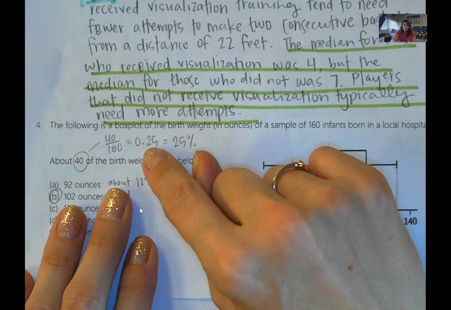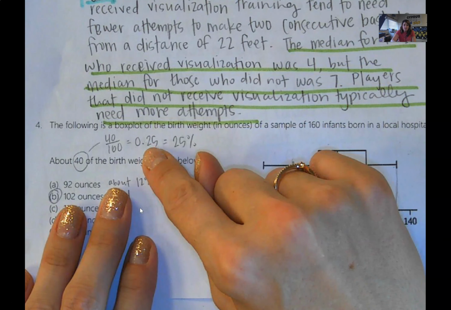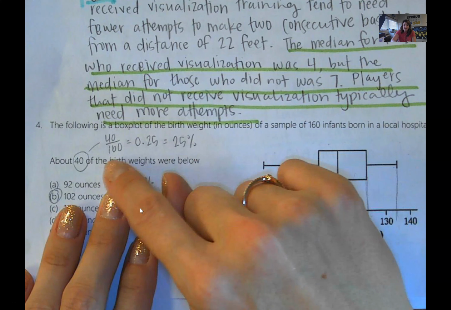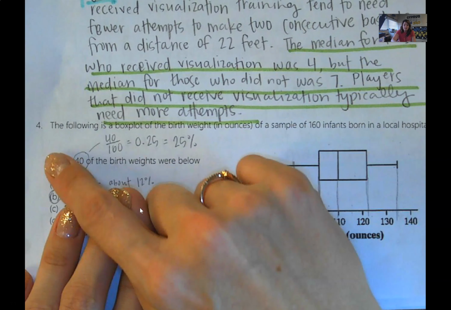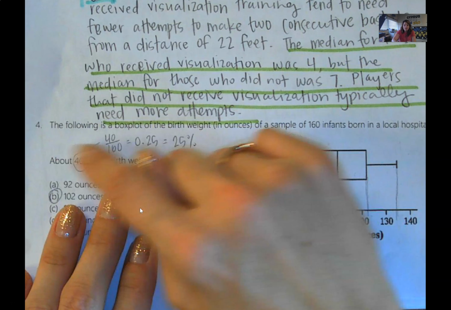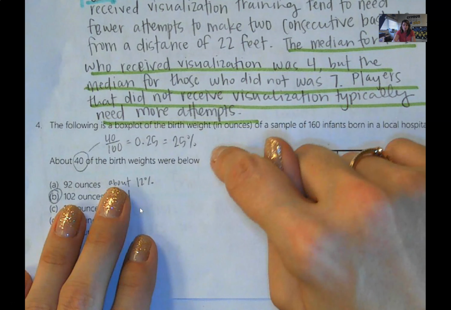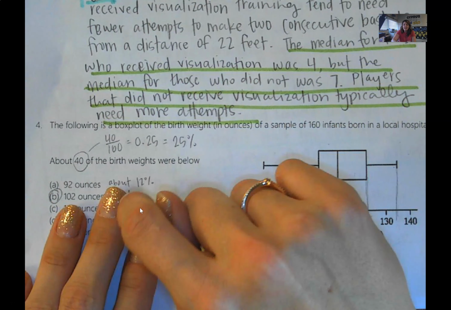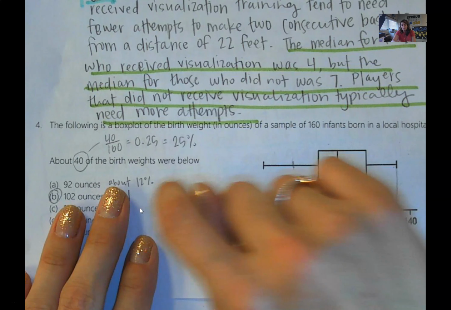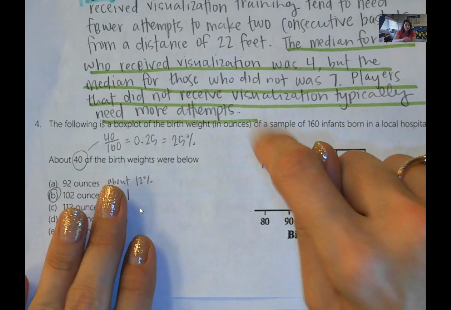So what we really want to find is the first quartile. About 25% of the birth weights were below. So instead of saying about 40 of the birth weights were below, we can now say about 25% of the birth weights were below.